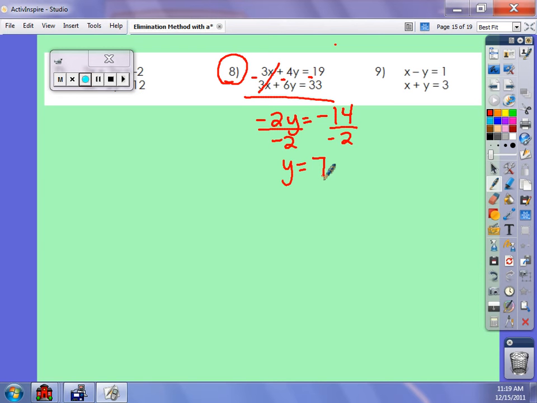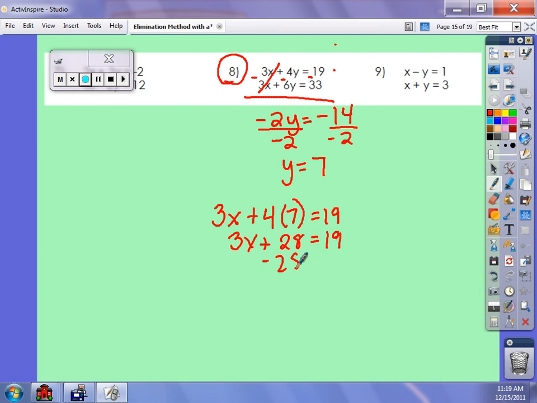Now I'm going to go back to either equation and plug in 7 for y to find x. I think I'm going to choose the first equation. The numbers are a little bit smaller. Everything's positive, so either one would be totally fine. Okay, so 3x plus 4 times 7 is supposed to equal 19. So let's evaluate that. 4 times 7 is 28.